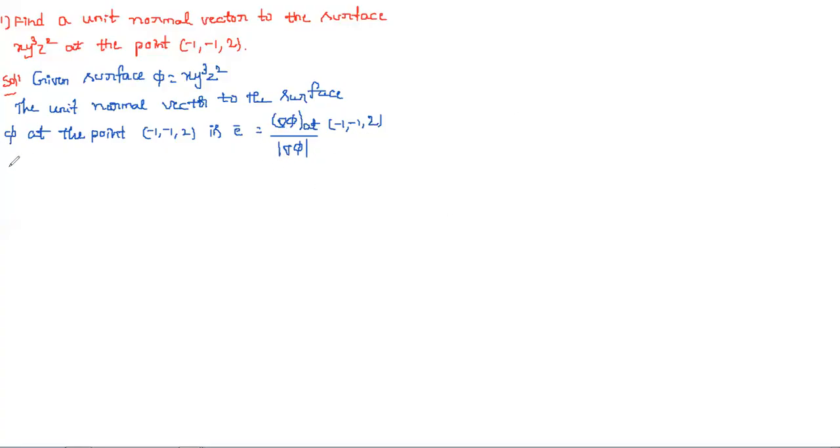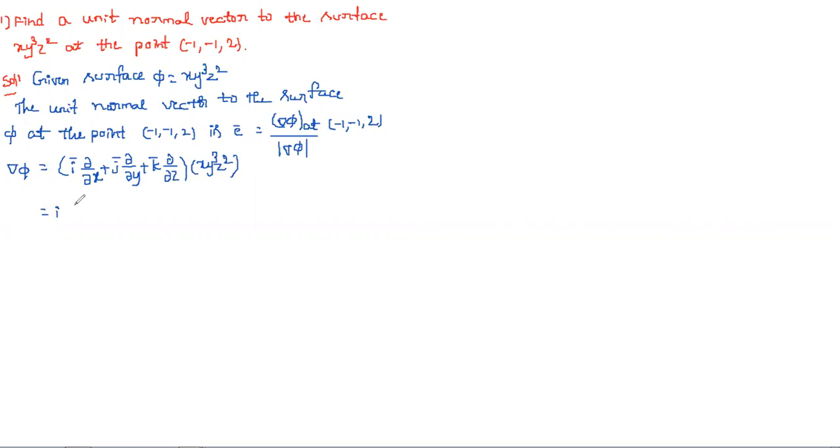So now first we have to find del phi. So del phi is equal to, already we said what about del? Del is nothing but i dou by dou x plus j bar dou by dou y plus k bar dou by dou z into phi, which is xy cube z square.